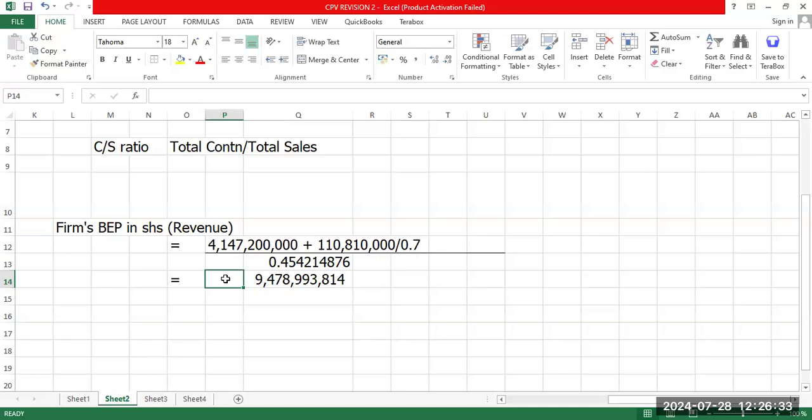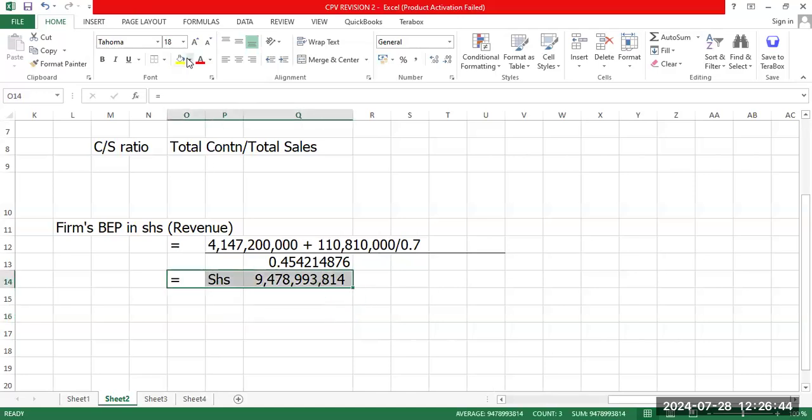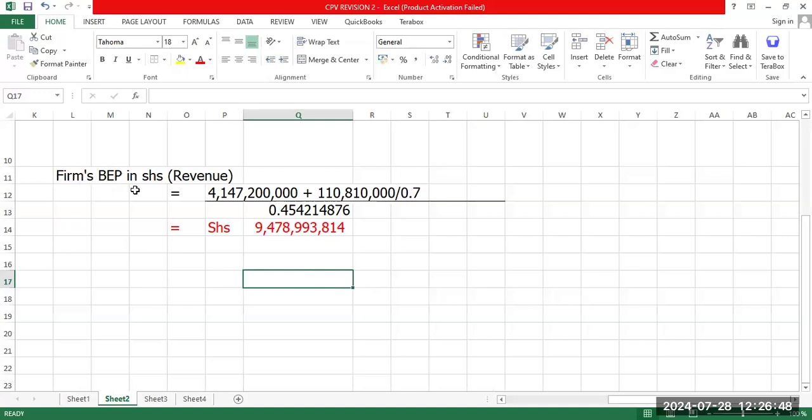All of you, do you have this figure? If you have a different figure, check your calculator again. So we have the firm's break-even point in shillings.